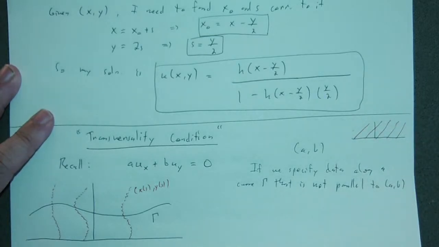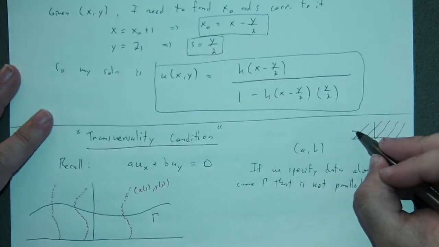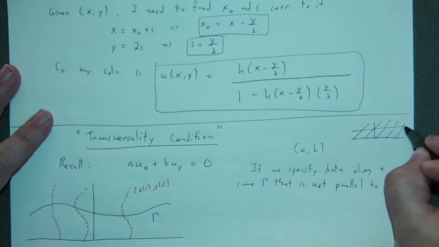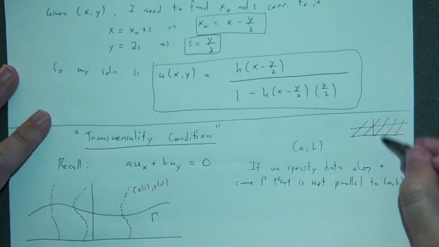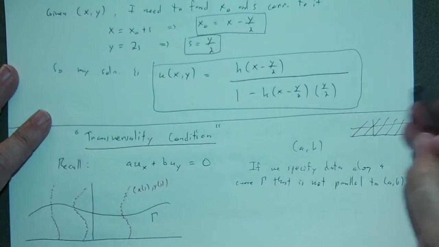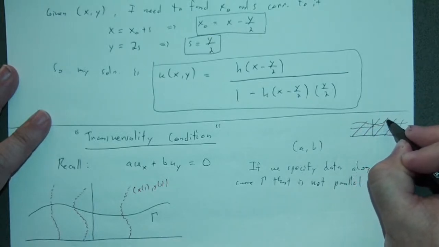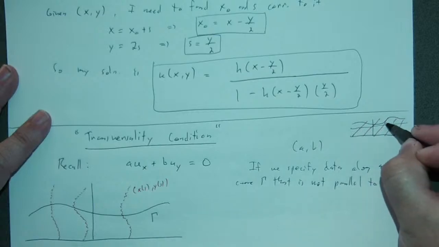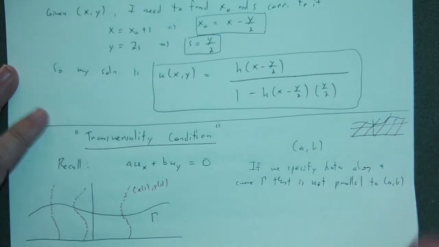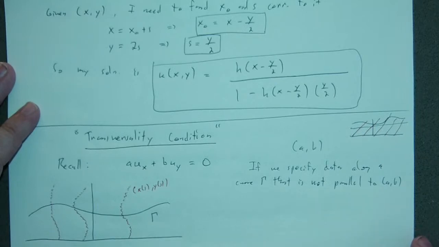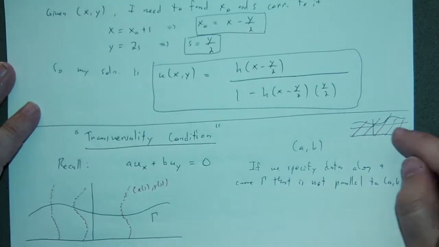But even more so, not only do I want this to not be parallel, so that's a simple example with a data curve that looks something like that, but if I had a more general data curve, I don't want it to be tangent to any of these characteristics. So there's some condition on the tangent vectors here.